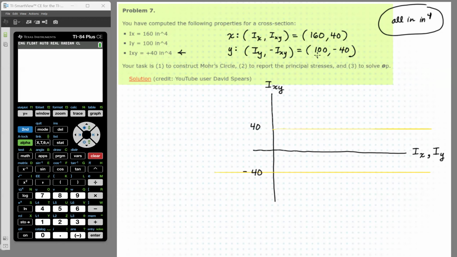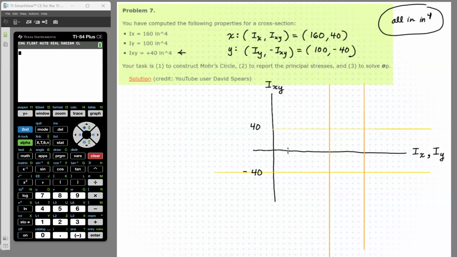I'm going to need 100 and 160. So 100 would be 1, 2, 3, 4, 5, 6, 7, 8, 9, 10. And then 1, 2, 3, 4, 5, 6 for 160. Okay, let's plot the points.